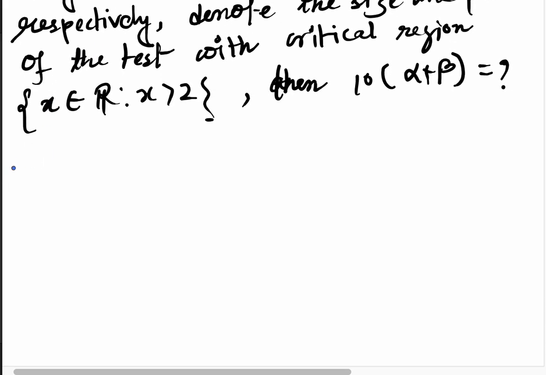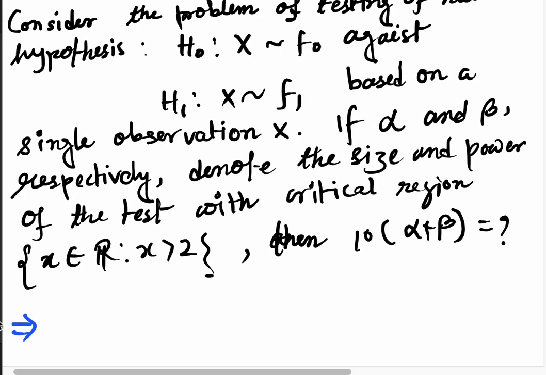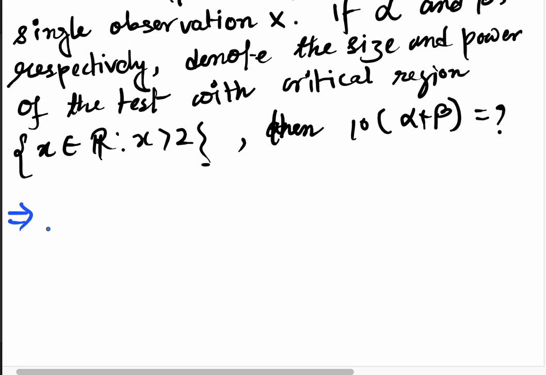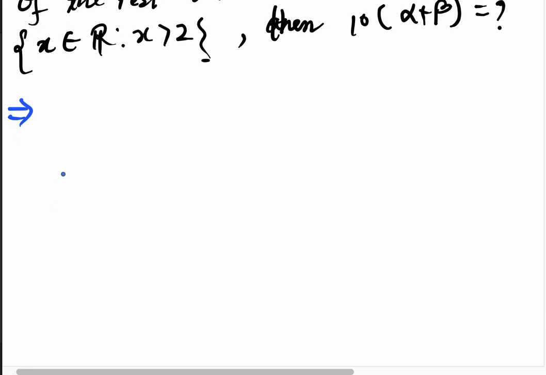So let's find that. Here we have to find the probability of size and power. Size means simply the probability of type 1 error.